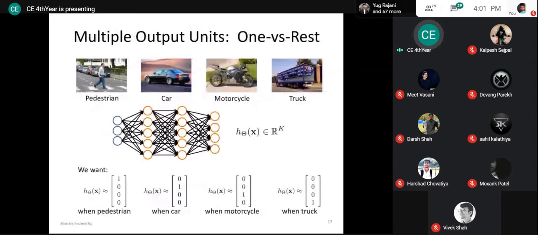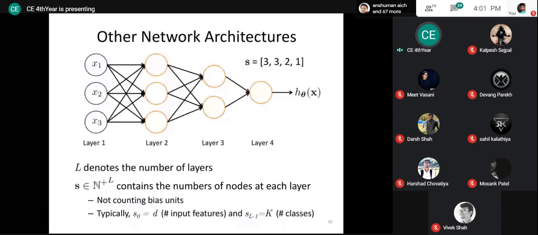Yes, I forgot to mention one point in the previous slide. How will we decide the number of hidden units as well as the number of hidden layers? It is purely trial and error, or you can say it's purely a hyperparameter. But can you imagine how we can decide the number of inputs as well as the number of outputs? Those are not hyperparameters.